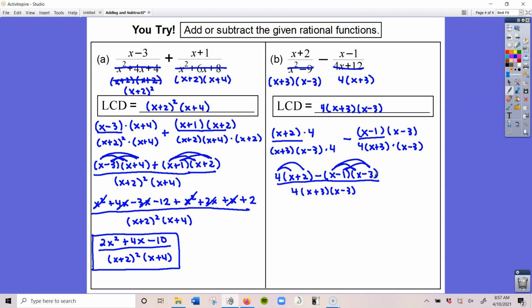So when I distribute this, I'm going to keep it in parentheses so I don't forget to distribute the negative after. So first, when I distribute the 4, I get 4x plus 8 minus, now I'm going to distribute this. This would give me x squared minus 3x minus x plus 3 all over the LCD.